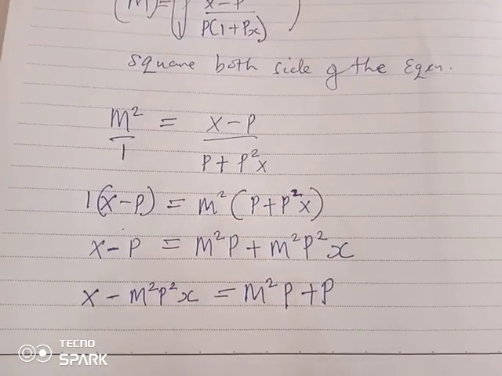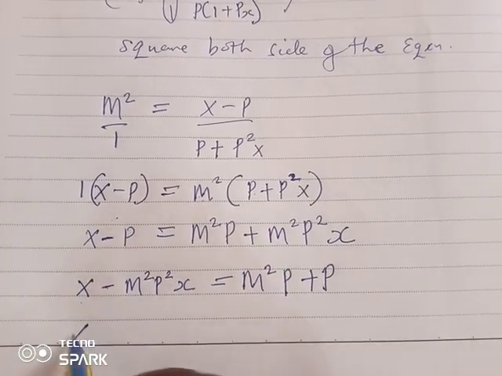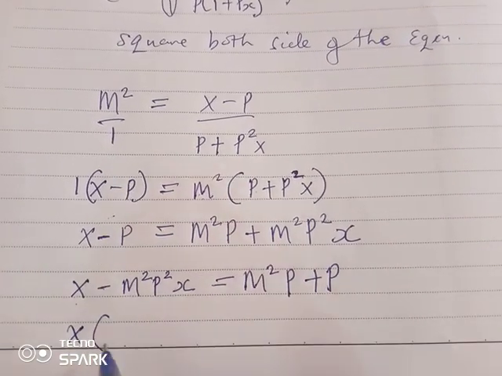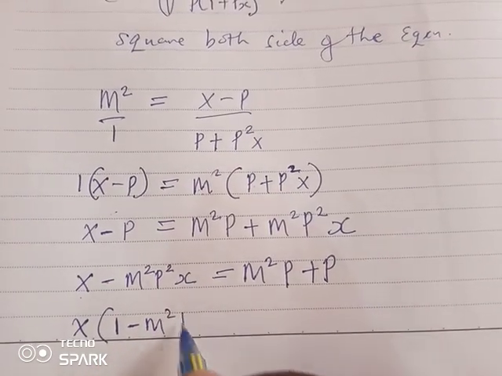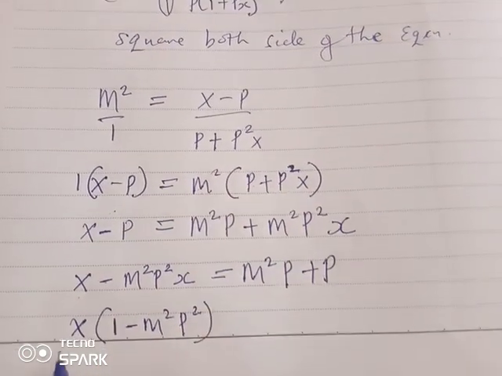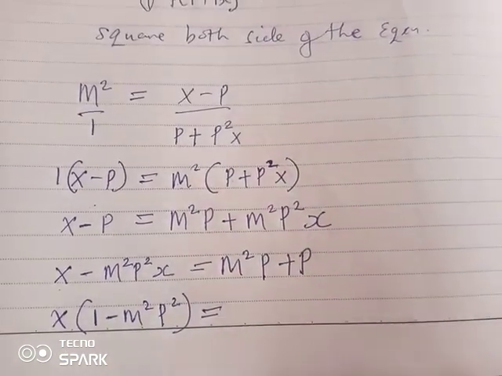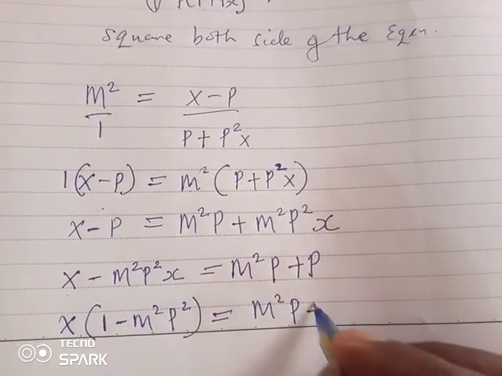And therefore, we have factors of x and x, so I factorize x on the outside. That is factorization. So we shall remain with 1 minus m squared p squared. Of course, x has been removed outside. So of course this side there's no big deal.